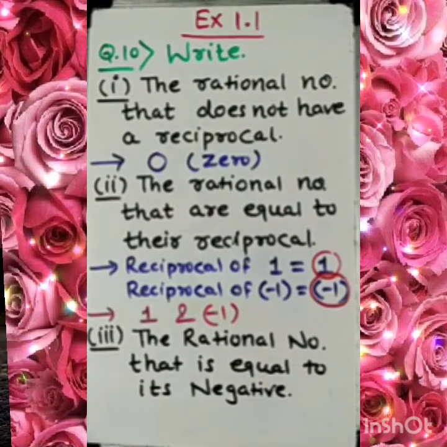So what are they? If they are equal to their negative, then simply I should say 0, because 0 does not have any negative number, as we know. So 0 is a number that is equal to its negative. So this is question number 10 and its parts.